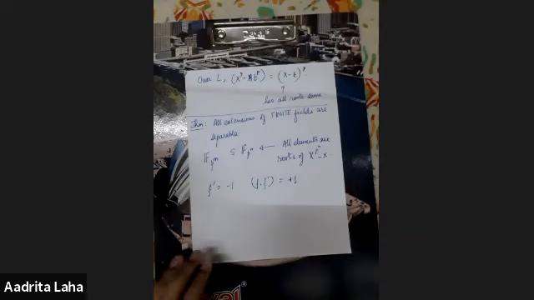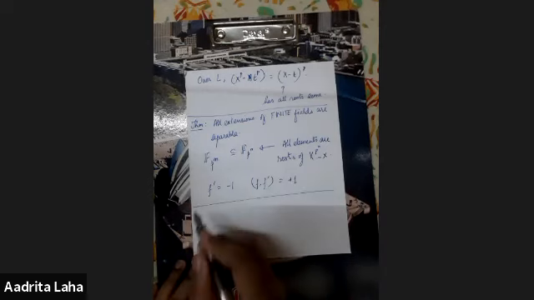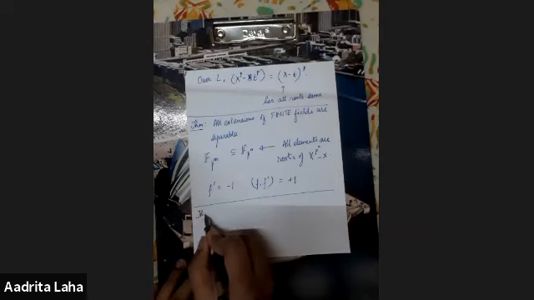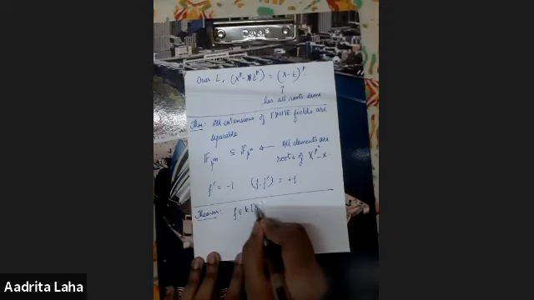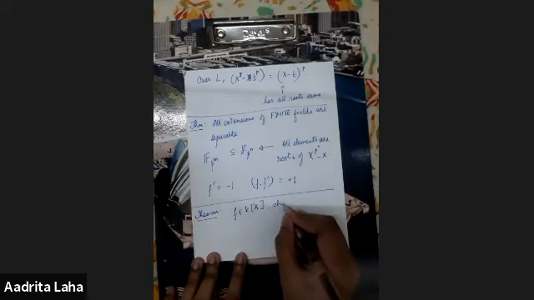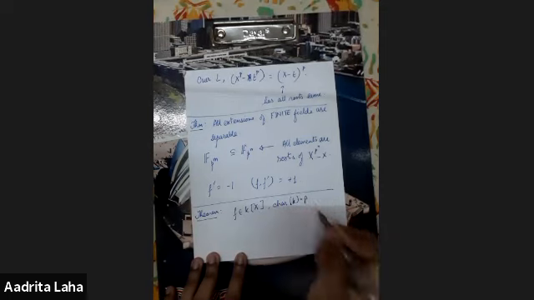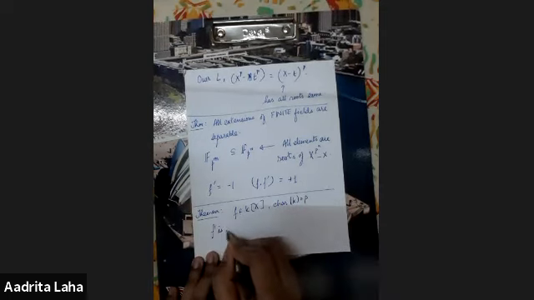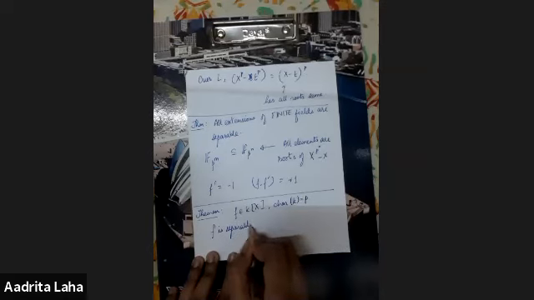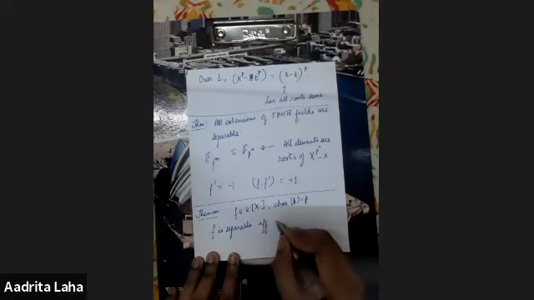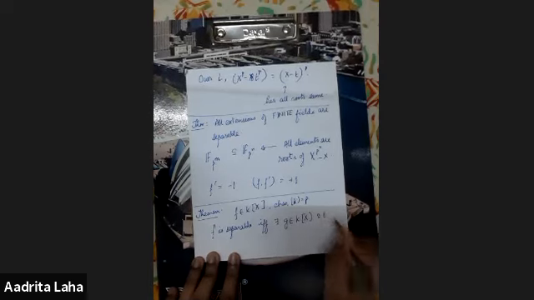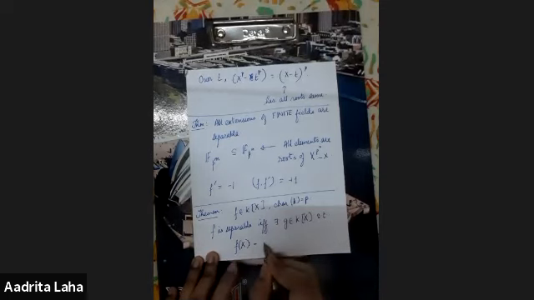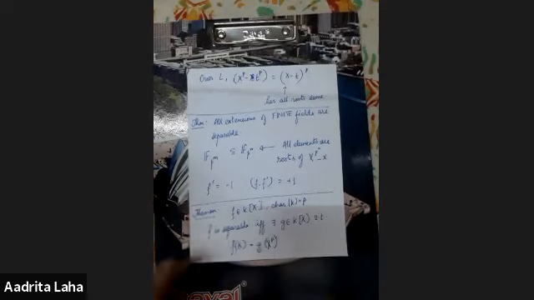And from here we can conclude another fact that says that if f is in K of x and the characteristic of K is equal to p, then f is separable if and only if there exists a polynomial g such that f of x equals g of x to the power p. So this is a simple application.